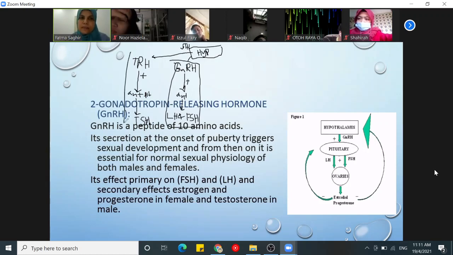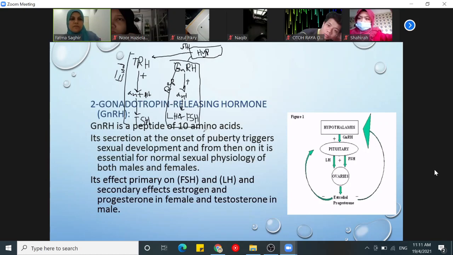This one we will cover now within the endocrine system. So the second hormone secreted by hypothalamus, gonadotropin releasing hormone, stimulates the anterior pituitary to secrete two hormones, luteinizing hormone and follicular stimulating hormone.